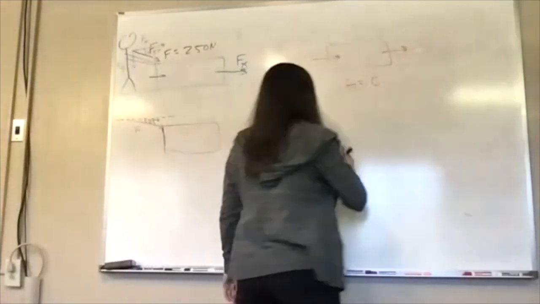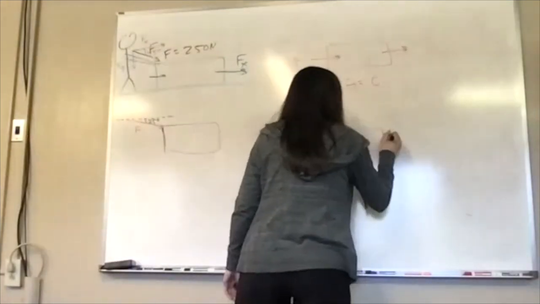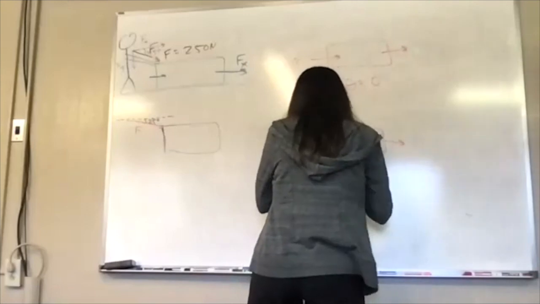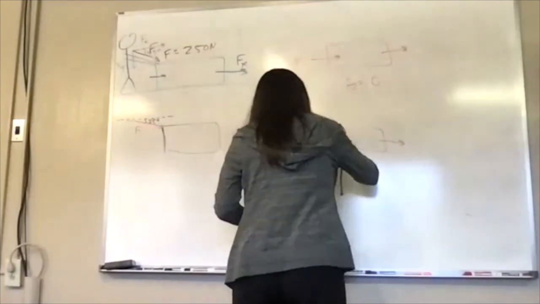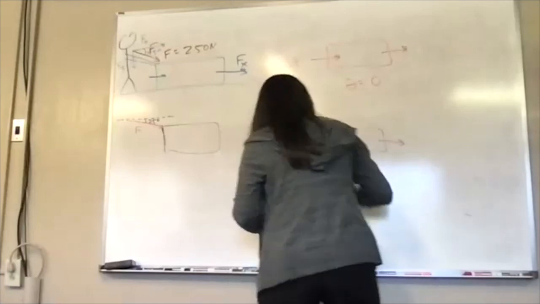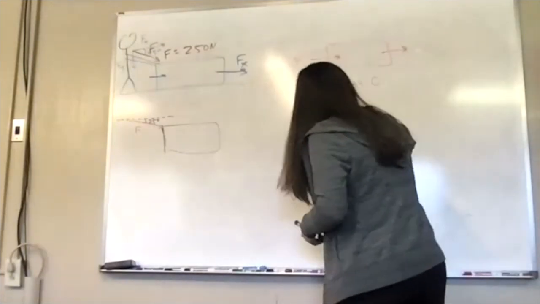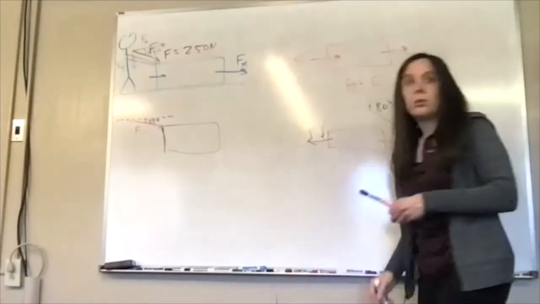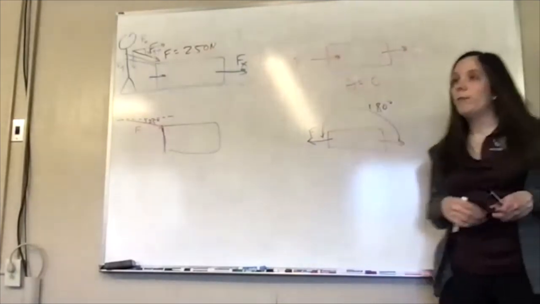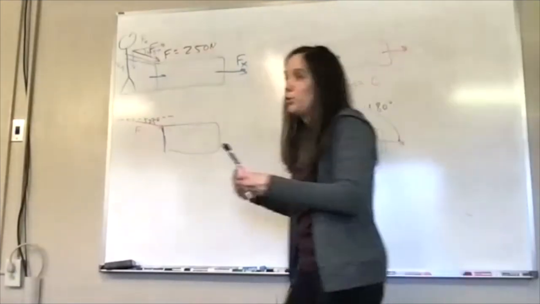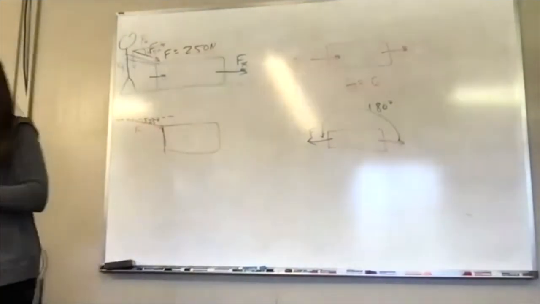Now, what about 180, like you said? What would that look like? If you want the box to go this way, your force would have to actually be directed this way. From here to here, that's 180 degrees. What would that look like? Well, when the box is slowing down, friction applies that kind of force to the box.